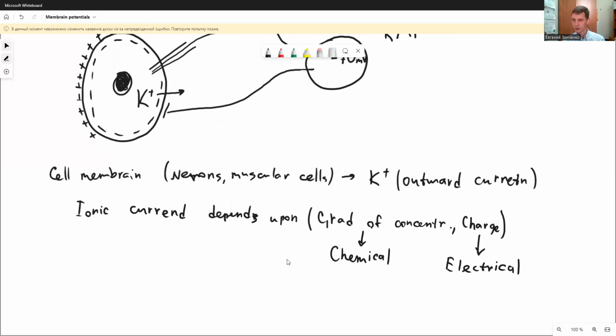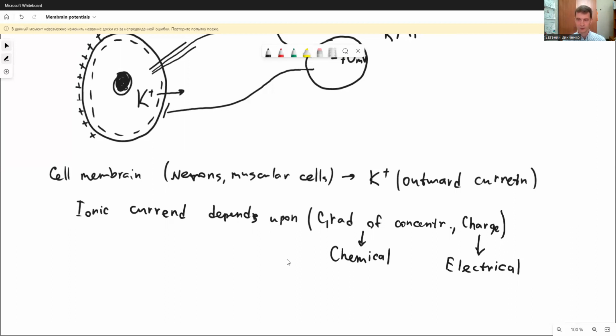When sodium ion channels are opened, the membrane potential starts changing and achieves a new steady state between chemical and electrical forces, because the movement of the ion through the membrane will influence the value of the membrane potential.